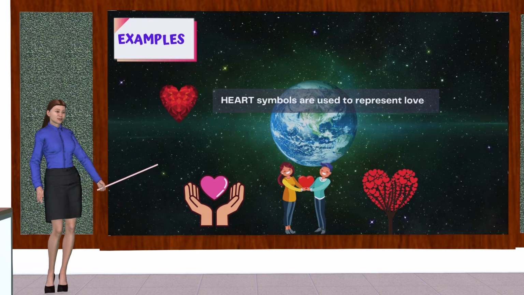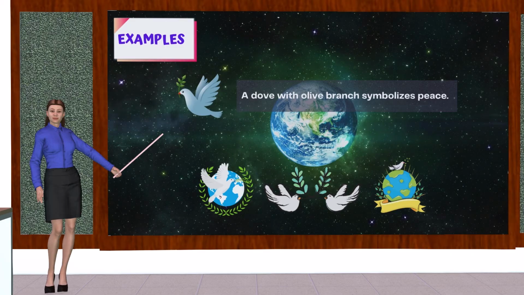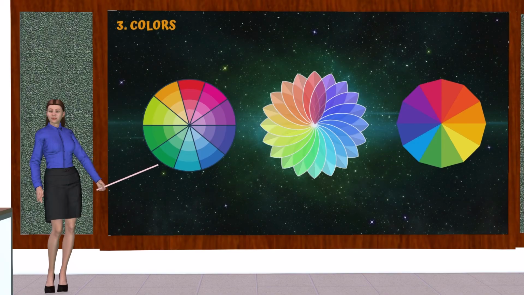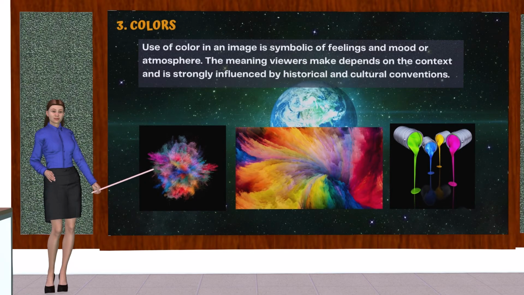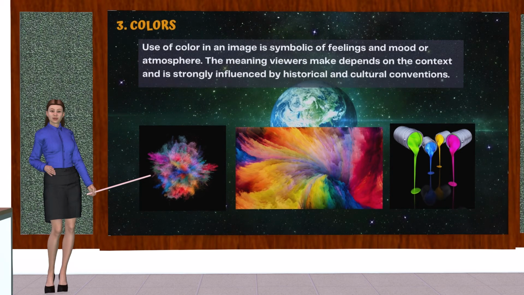Heart symbols are used to represent love, while a dove with olive branch symbolizes peace. Now let's move on to the next visual elements, the colors. Use of color in an image is symbolic of feelings and mood or atmosphere. The meaning viewers make depends on the context and is strongly influenced by historical and cultural conventions.